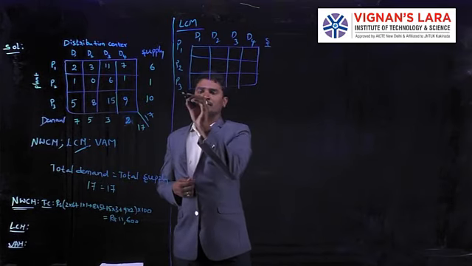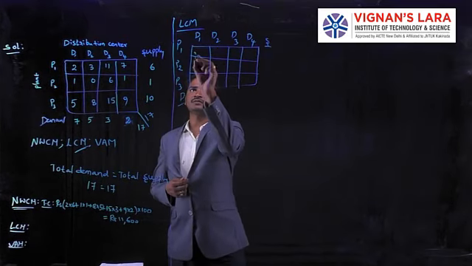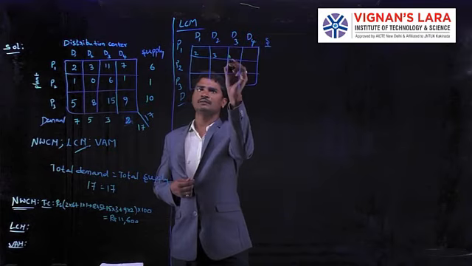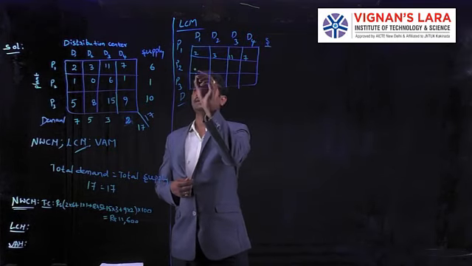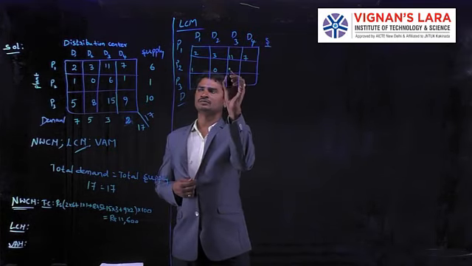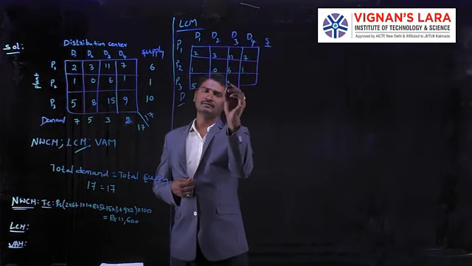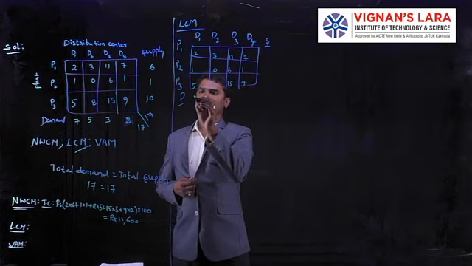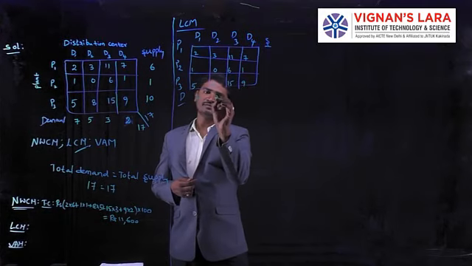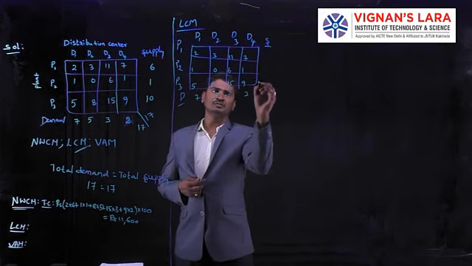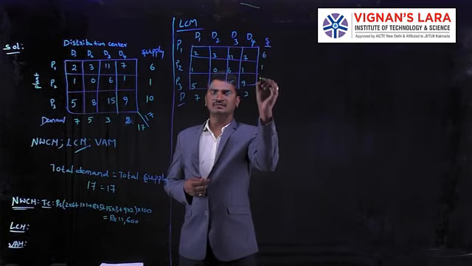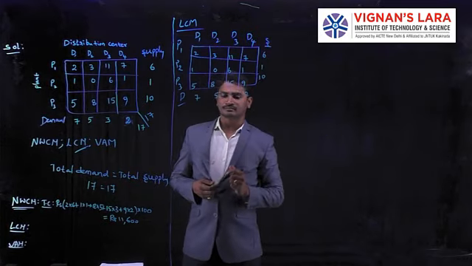Coming to the first row, 2, 3, 11, 7, then 1, 0, 6, 1, then 5, 8, 15, 9. The demands are 7, 5, 3, 2. The supplies are 6, 1, 10.